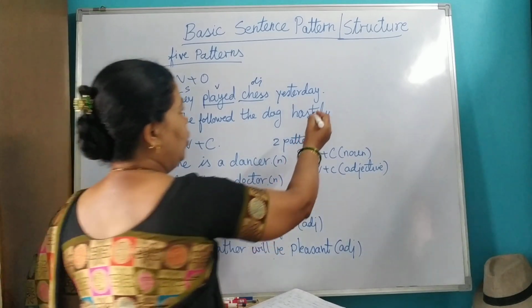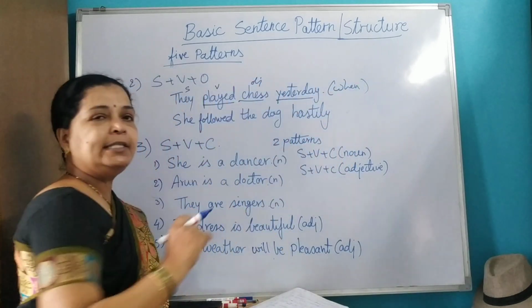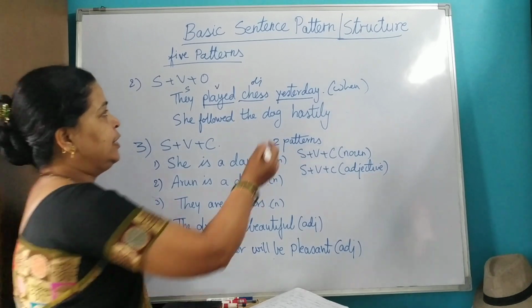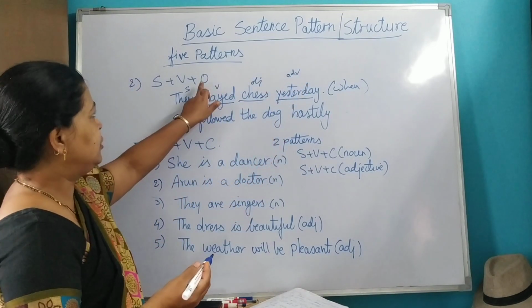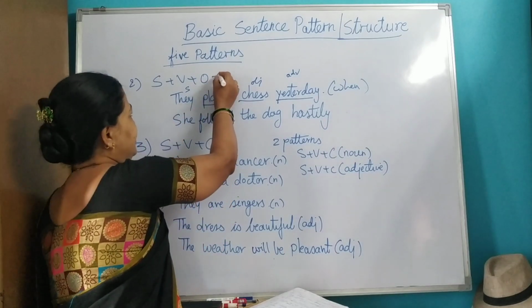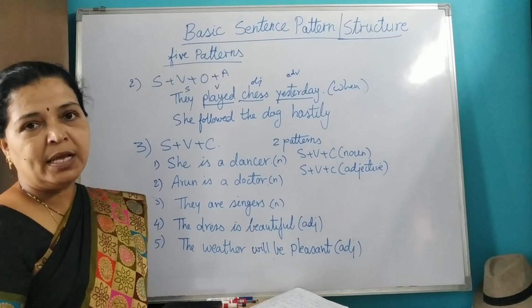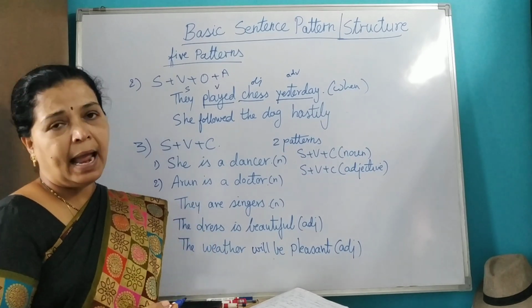Yesterday. So yesterday is telling us the time of the action, so it is an adverb. So we can add an adverb after the object to make the pattern S plus V plus O plus A. In this way, to each pattern we can add adverbs.